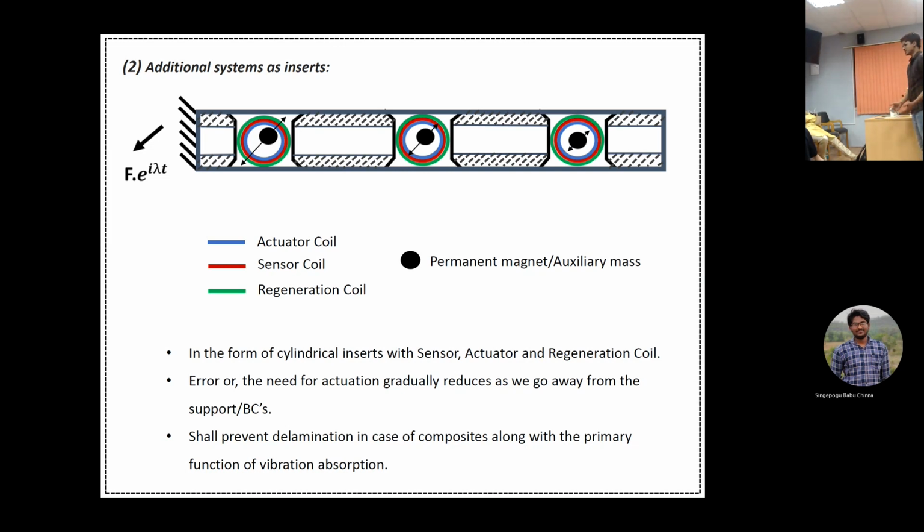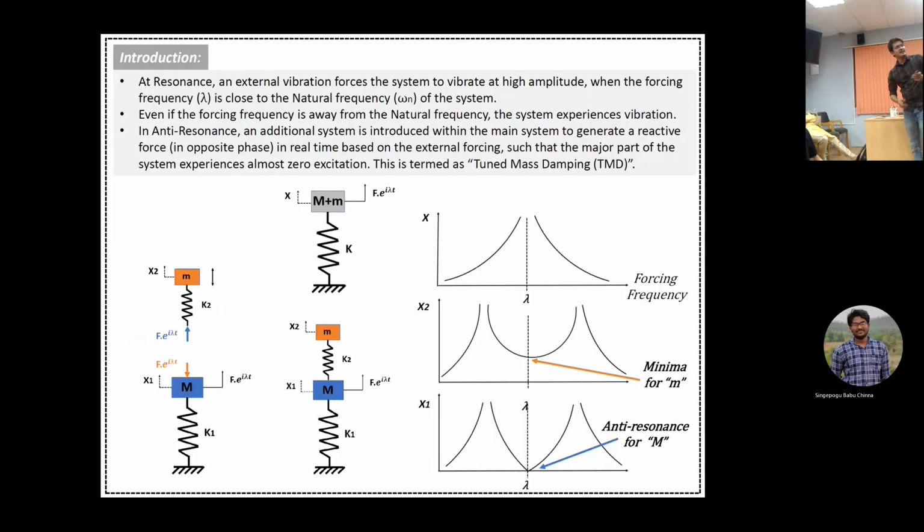Right. My basic plan is to understand the mathematics behind it. In tuned mass damping itself, I was not knowing this, but when we solve the differential equation for x1 and x2 separately, for x1 in the numerator it comes that lambda is equal to root of k2 by small m.